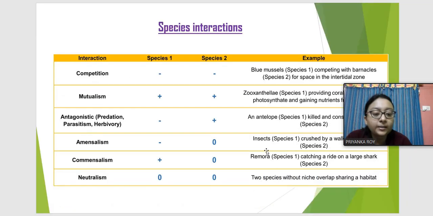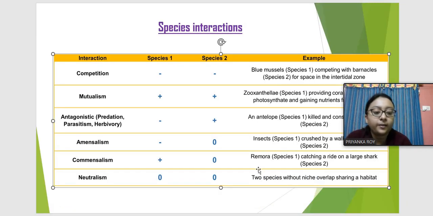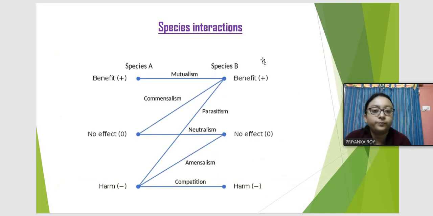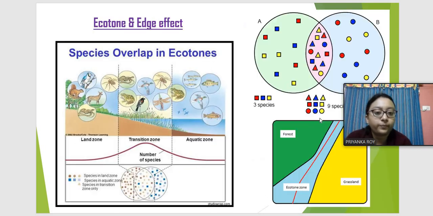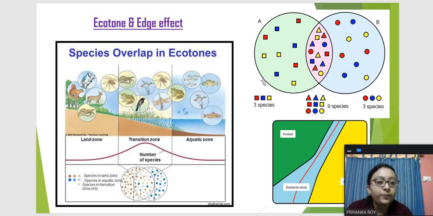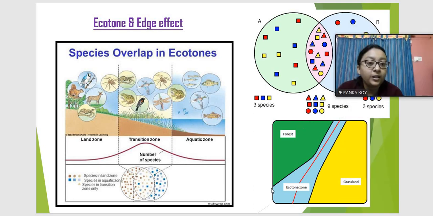The same thing is explained here. You can see the ecotone and edge effect: there are 3 species over here, 3 species over here, but in the ecotone you find 9 species. An example is given here: a forest is biome 1, grassland is biome 2, and the middle region is the ecotone zone.